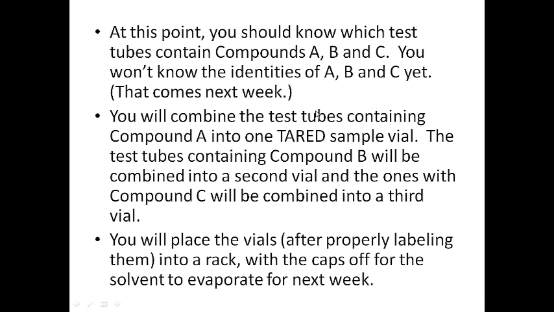You will put the test tubes that contain compound A into one tared sample vial, and it's critical that it be tared so that next week, after all the solvent has evaporated, you can determine the mass of the component that you've gotten. Then you're going to put all of the test tubes that contain compound B into a second tared vial, and the ones that contain compound C into a third tared vial. So in theory, we've now separated components A, B, and C into the 3 different sample vials.